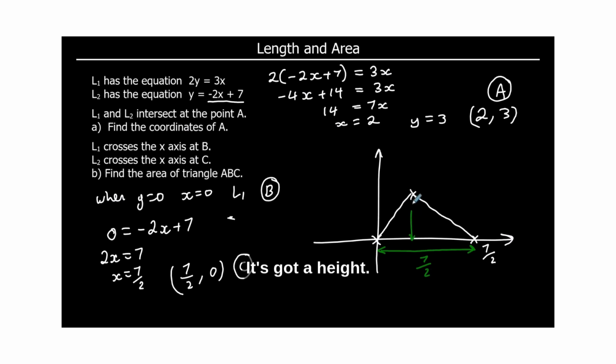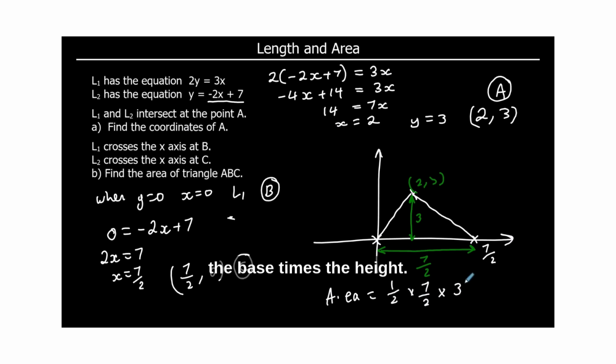It's got a height. So this is 2, 3. The y coordinate's 3, so the height is 3. The area is half times the base times the height. So that is 7 3s are 21, 2 2s are 4, so 21 over 4 units squared.